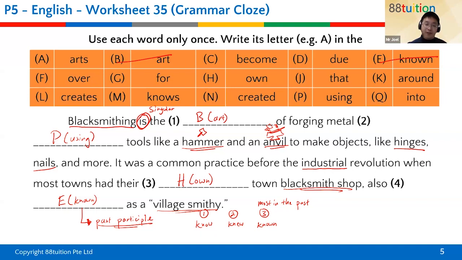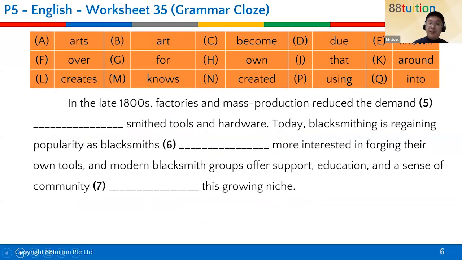Okay, the part that's a bit iffy is question 5, which is the next part. In the late 1800s, factories and mass production reduced the demand. Reduce the demand what? Reduce the demand for, right? There's no of. The first thing that came into my mind is reduce the demand of smith tools, but there's no of here.